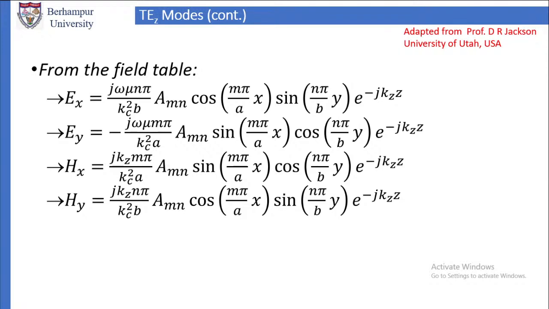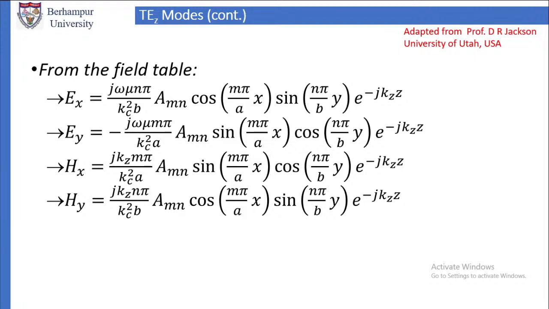Hx will be equal to j kz m pi divided by k square a into a mn sine m pi by a into x cosine n pi by b into y into the exponential part, the z dependency.